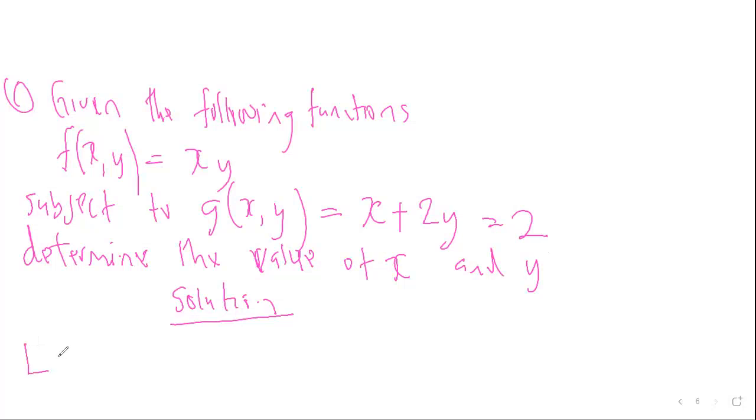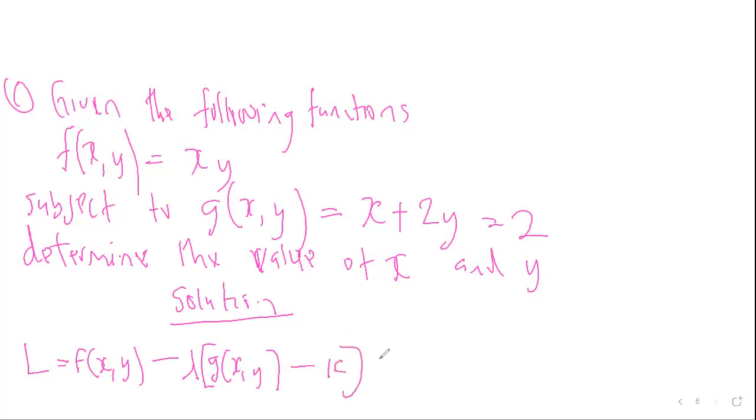So L is equal to the objective function f(x, y), and we remember we multiply the constraint with lambda, and our constraint is g(x, y) minus k.